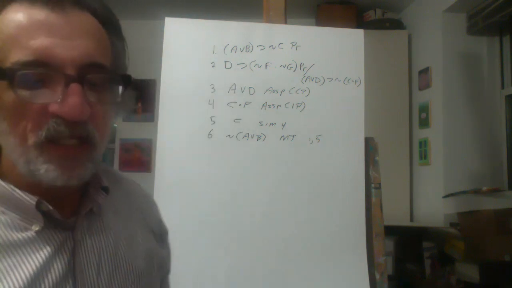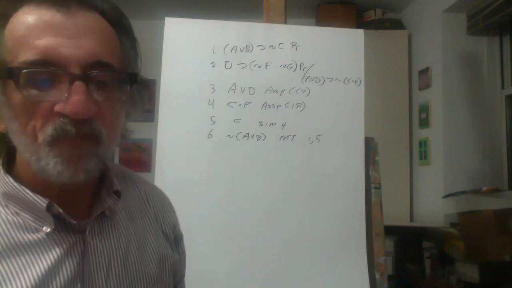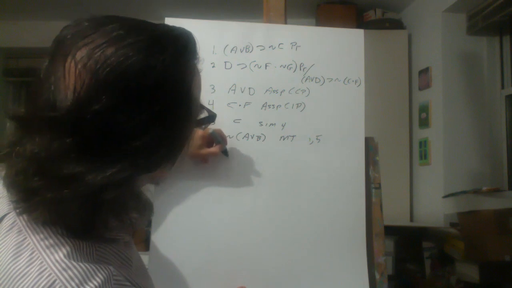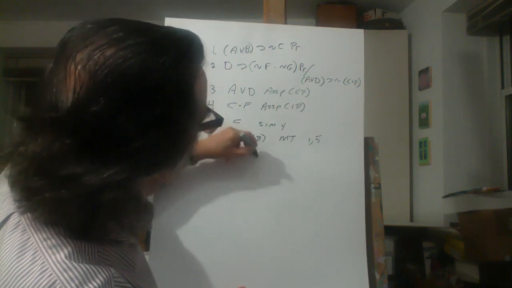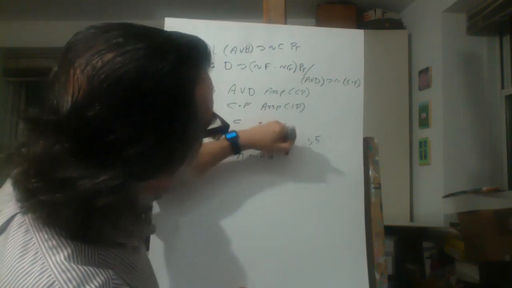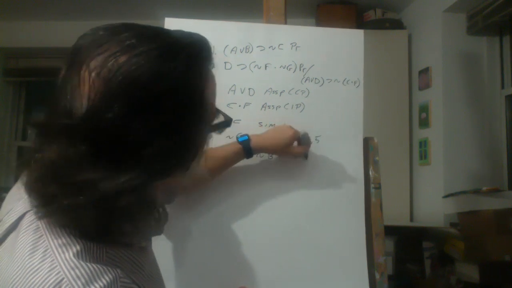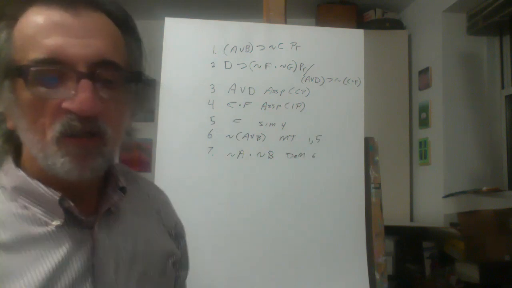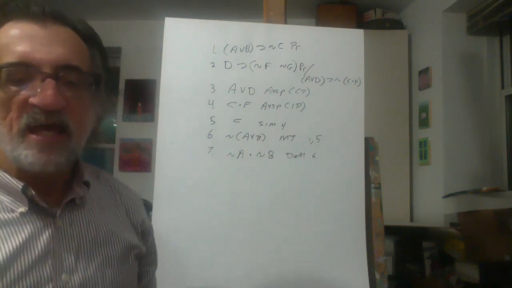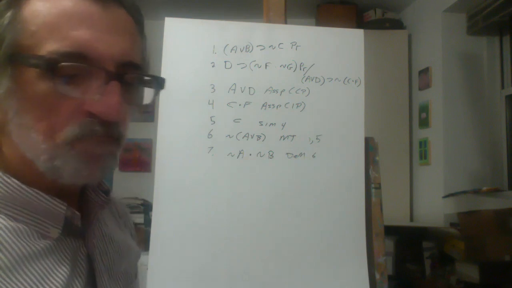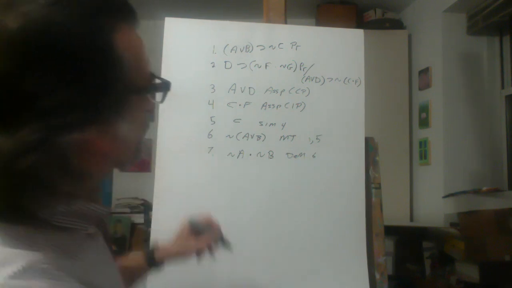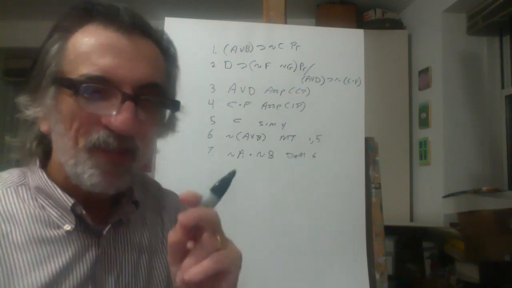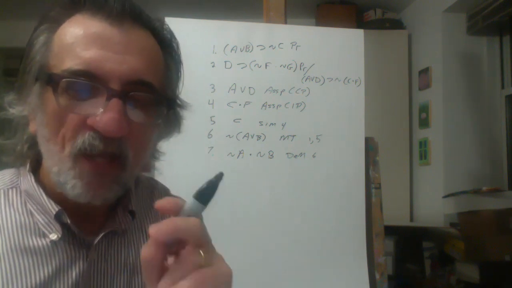And so we get the negation of A or B. By De Morgan's law, we get not A and not B. Are you seeing it? Yeah.